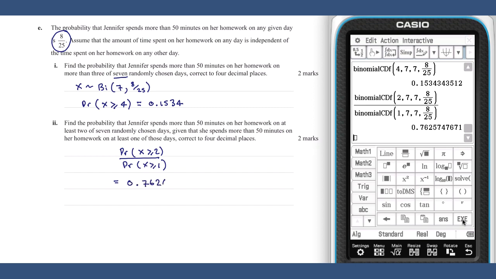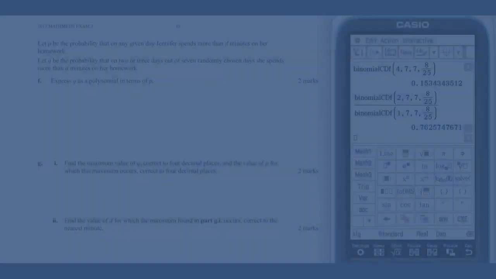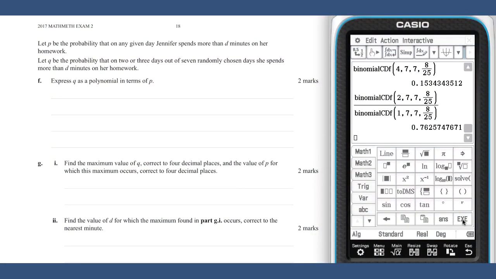Part F, we now require a polynomial for Q in terms of P, where P is the probability that Jennifer spends D minutes on homework on any given day. Q's probability is based on her doing 2 or 3 days out of 7.